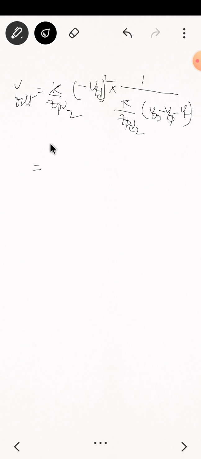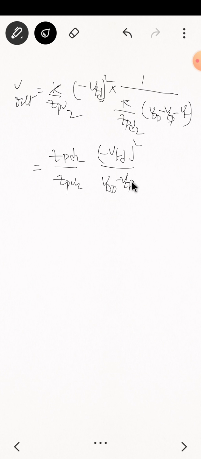It will become ZPD2 by ZPU2 into minus VTD whole square by VDD minus VTP minus VT. This is the V out 2.